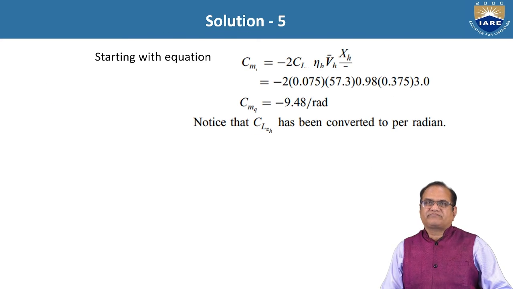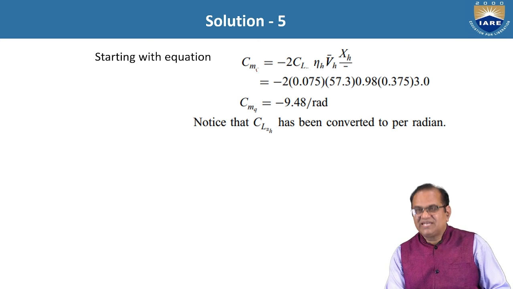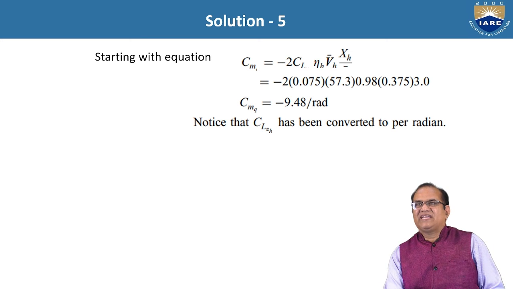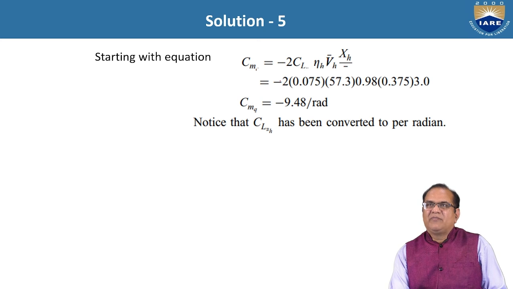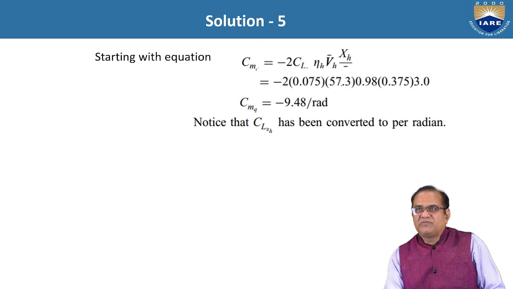So here we know that starting with the equation, that is the CMQ is equal to minus 2 CL alpha H neta H VH XH by C bar. So here minus 2, CL alpha is given 0.075 into 57.3, neta H is equal to 0.98, then 0.375 into 3.